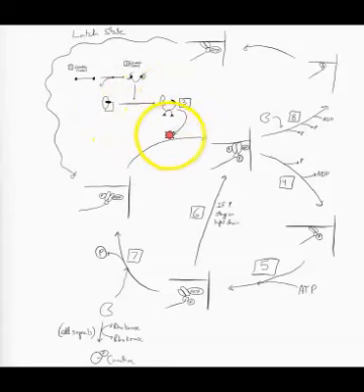MLCK is important because it allows your myosin head within smooth muscle to then attach to the actin. And it does this because the MLCK allows binding of, well, not ATP, but a phosphate specifically, to the light chain of the myosin.